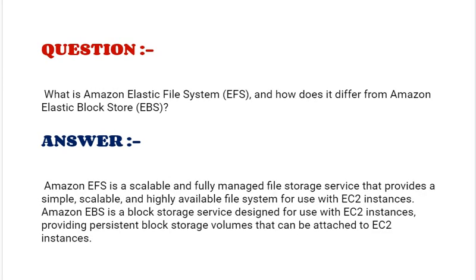Our next interview question is: what is Amazon Elastic File System, EFS, and how does it differ from Amazon Elastic Block Store, EBS? Your answer should be: Amazon EFS is a scalable and fully managed file storage service that provides a simple, scalable, and highly available file system for use with EC2 instances.